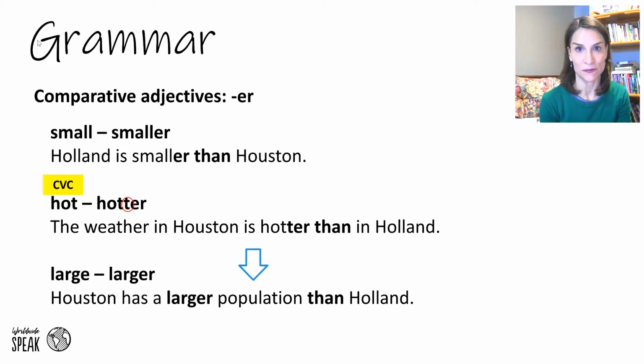Population is a noun, and I'm not going to change the form of a noun. This comparative structure is just for adjectives, like small, hot, large, and large is going to go in front of my noun. Larger population. And again, I'm going to use that very important word, than.